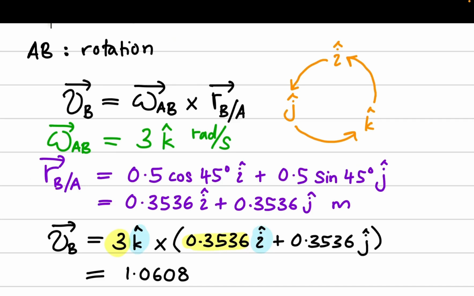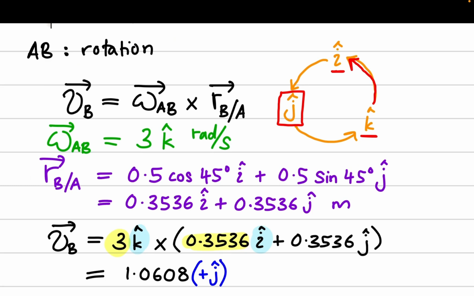So what we have here is basically K cross product I. So this motion is also anti-clockwise, K going to I. So what we will get is positive J. Here you can write it down as positive J. This is what we get out of K cross product I.